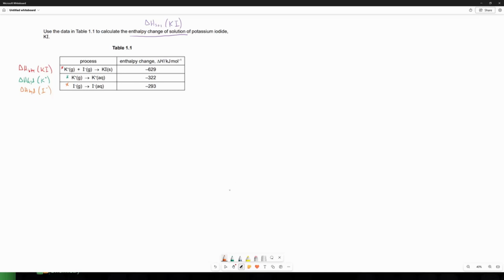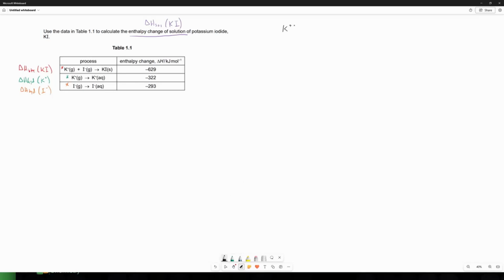So we can draw this as both an enthalpy cycle and an energy level diagram, and let's do both of them before we actually get the answer. So if we try to create the Hess cycle, the Born-Haber cycle, if we start always at the top for the Born-Haber cycles of lattice energy, we're going to start with the lattice energy, right? So at the very top, we're going to start with the ions in the gas state, like the lattice energy has.